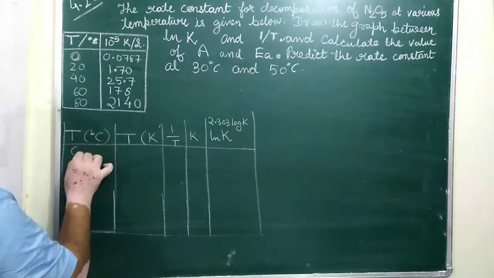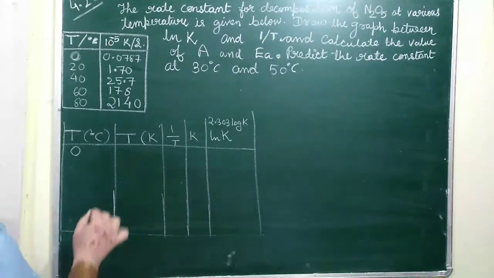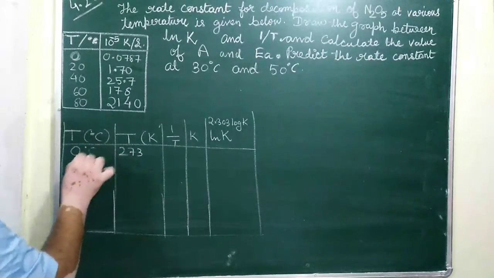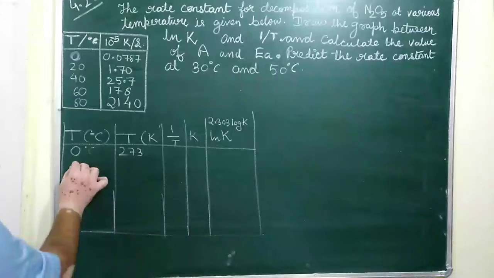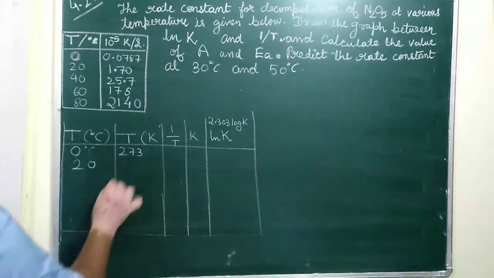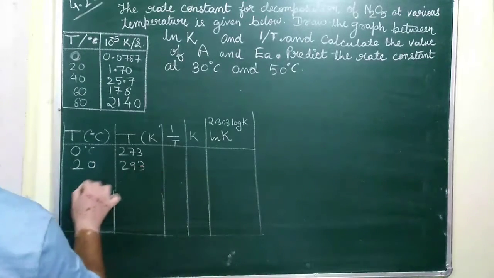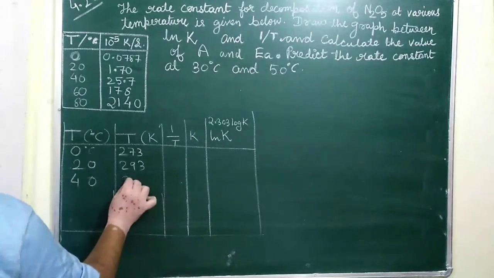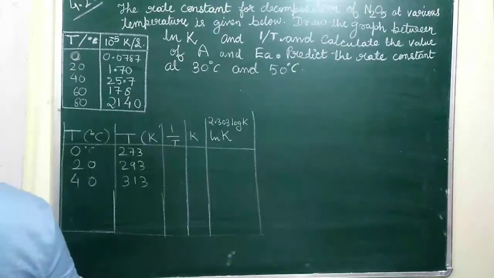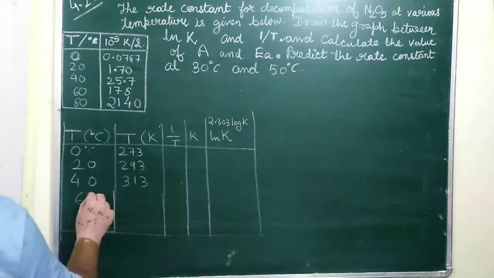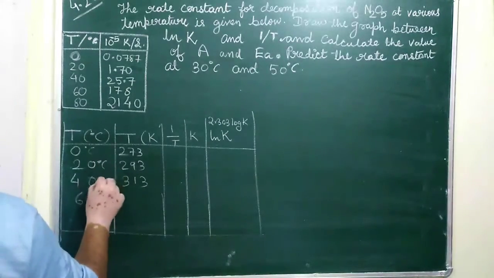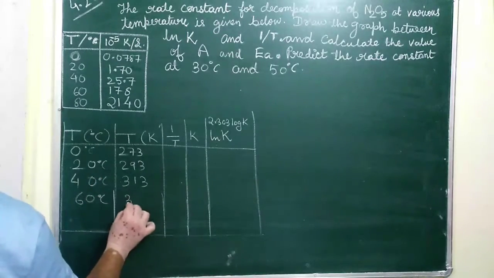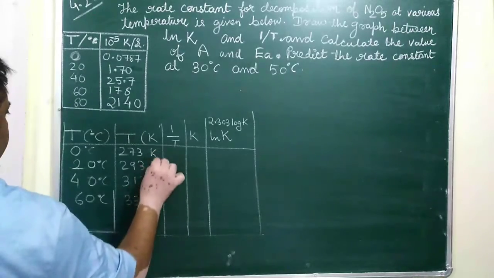So for 0 degree C, it will be 273 Kelvin. For 20 degree C, it will be 293 Kelvin. For 40 degree C, this will be 313 Kelvin. For 60 degree C, this will be 333 Kelvin.